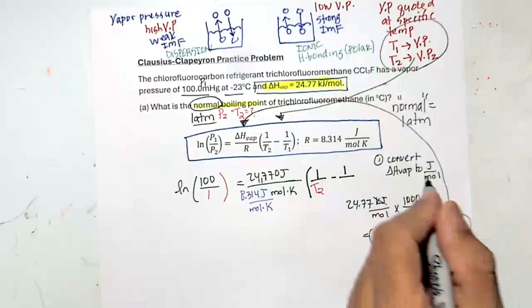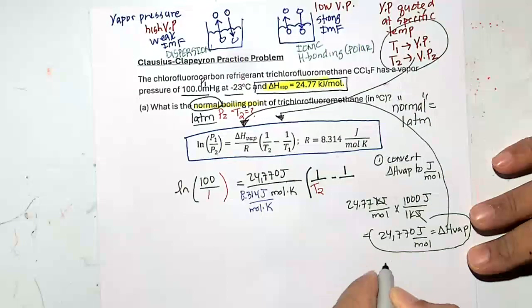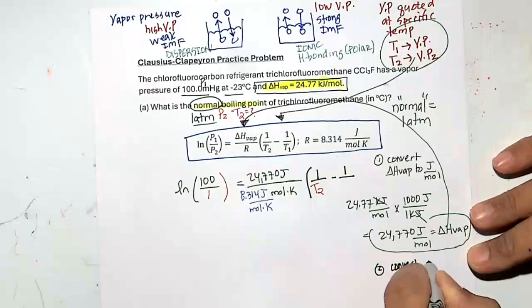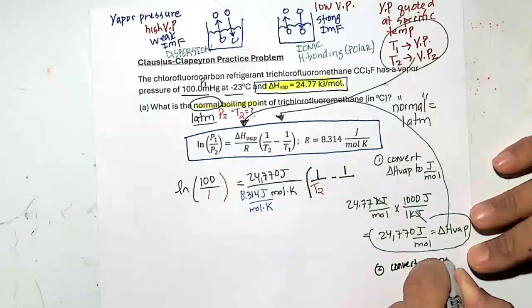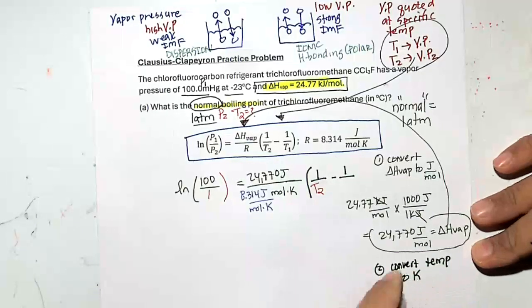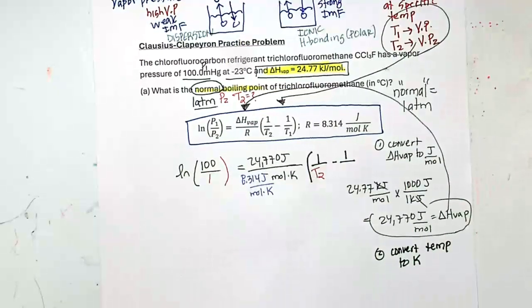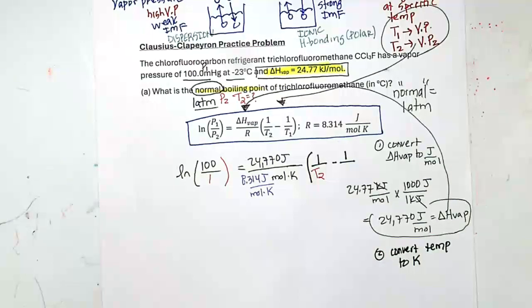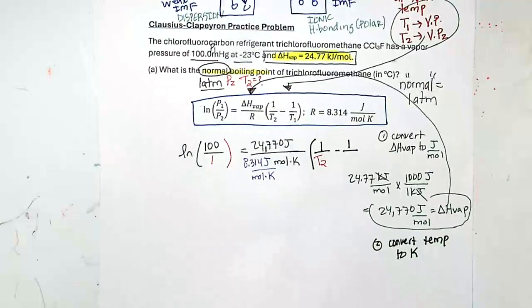So step 2 here is that we want to convert this to Kelvin. So convert all temperatures to Kelvin. Does anybody remember how we get to Kelvin? We add 273. You can add 273.15, you can add 273. I'll just add 273. Why do we convert to Kelvin?